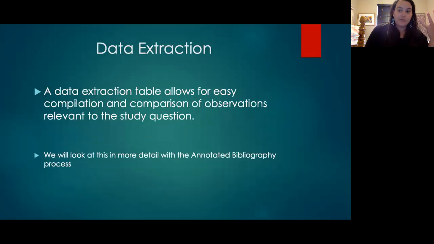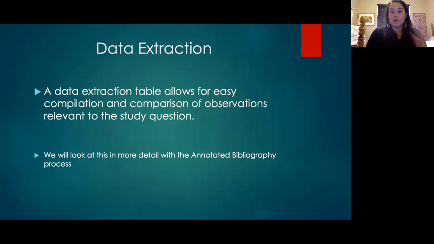So after you find all your articles and have gone through that process, you have to extract that data. A data extraction table allows for easy compilation and comparison of observations relevant to the study question. And again, that can be really helpful with your annotated bibliography as well, because you can put together something you can reference back to.